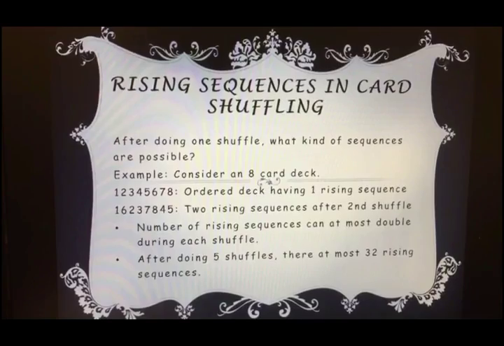If the magician asked us to pick one card without him noticing what the card is and rearrange its position, the magician would know what the card is, because he would know the rising sequences of the given deck. So this is a very important concept in card shuffling.